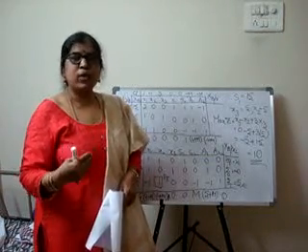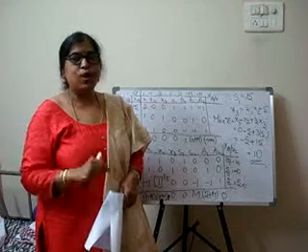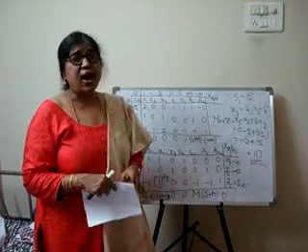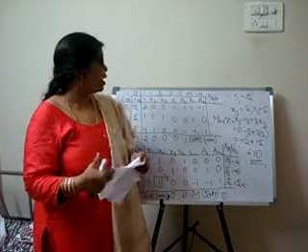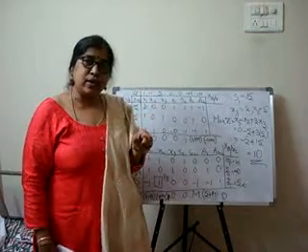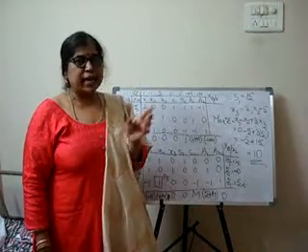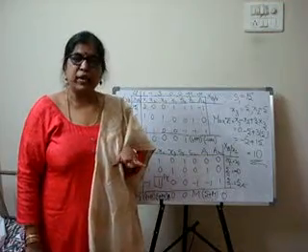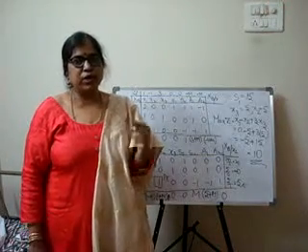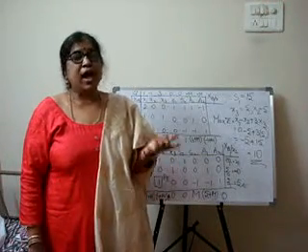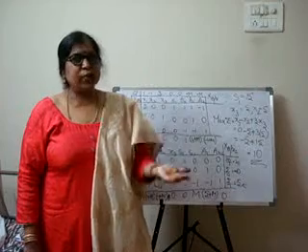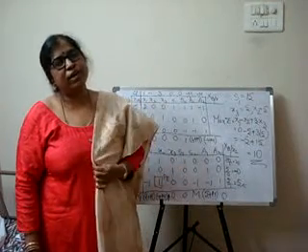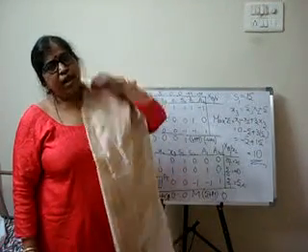The second equation was equal to, so we have introduced an artificial variable which we call a1, and the third inequation was greater than or equal to. If the inequation is of type greater than or equal to, we introduce a surplus variable, and along with the surplus variable we have to introduce an artificial variable a2.